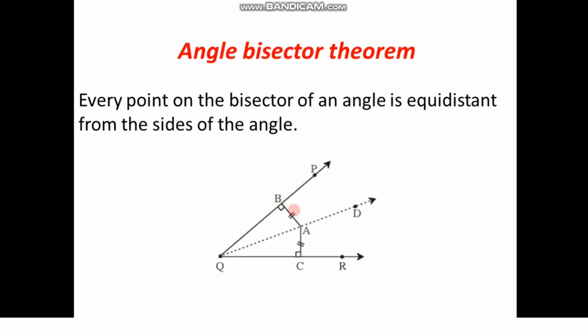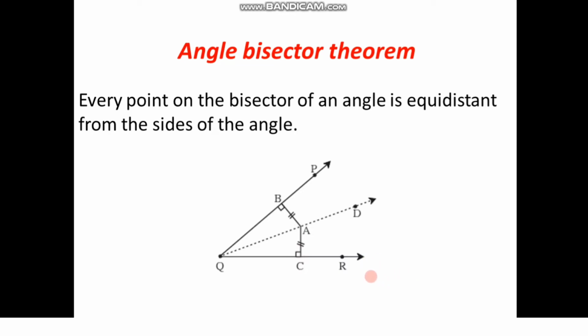That's why AB is the distance of point A from PQ and AC is the distance of point A from side QR. So if there is any point on this angle bisector, then it must be equidistant from the two sides of the angle, that is AB is congruent with AC.